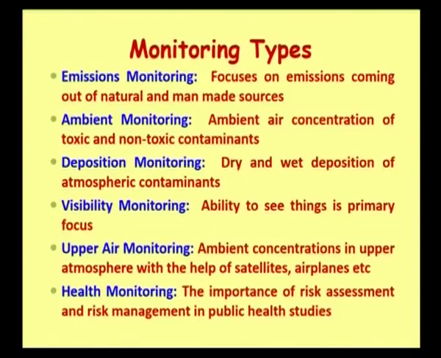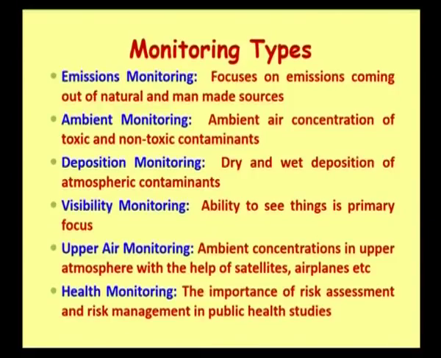In emission monitoring, our main aim is how much emission. In deposition monitoring, how much is deposited. In visibility, the main motive is to what extent they are affecting visibility. And health monitoring: what are the health hazards associated with the pollutants.